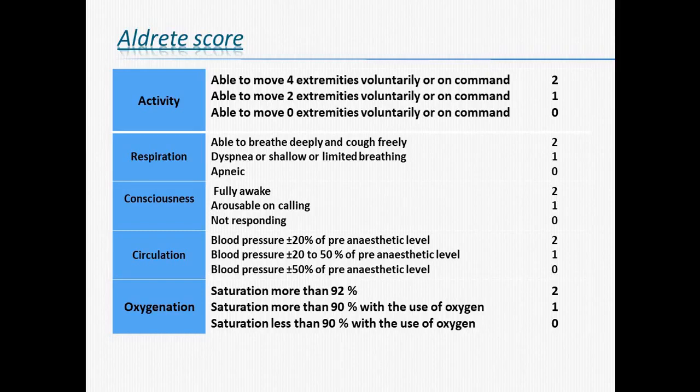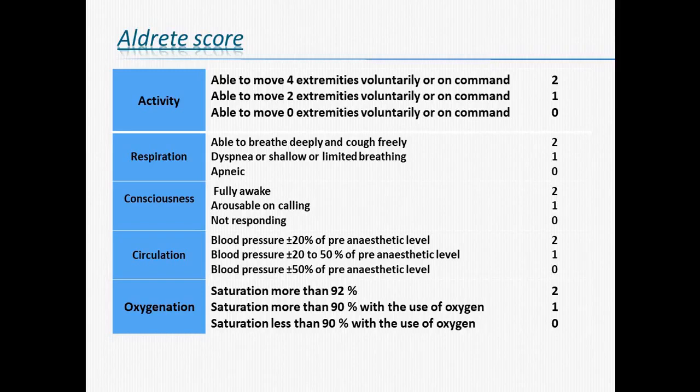If the patient is not able to move any extremities, score is 0. About respiration, if the patient is able to breathe deeply and cough freely, score 2. If there is dyspnea or shallow or limited breathing, score is 1. If the patient is apneic, score is 0. About consciousness, fully awake, 2. Arousable on calling, 1. Not responding, 0.